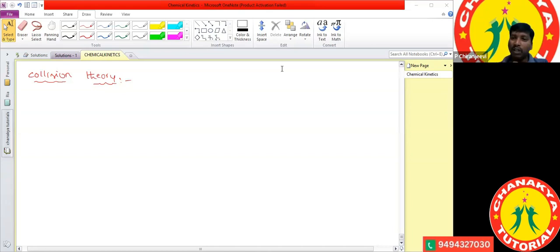Gaseous molecules move in all directions, they move against the gravitational force, and they move with high velocities.